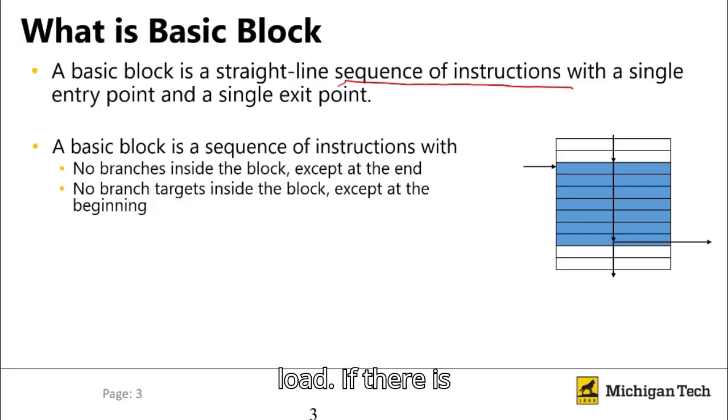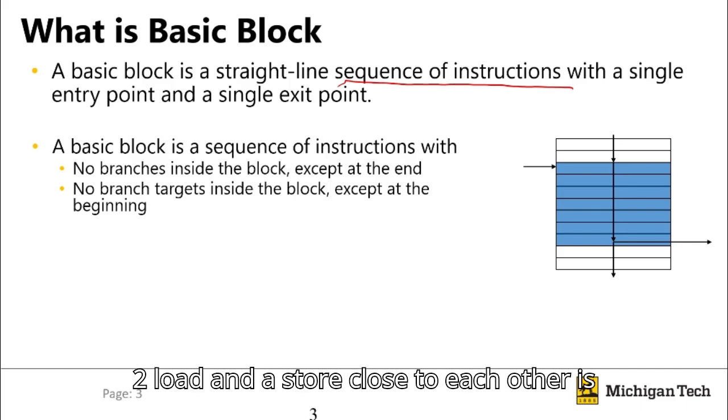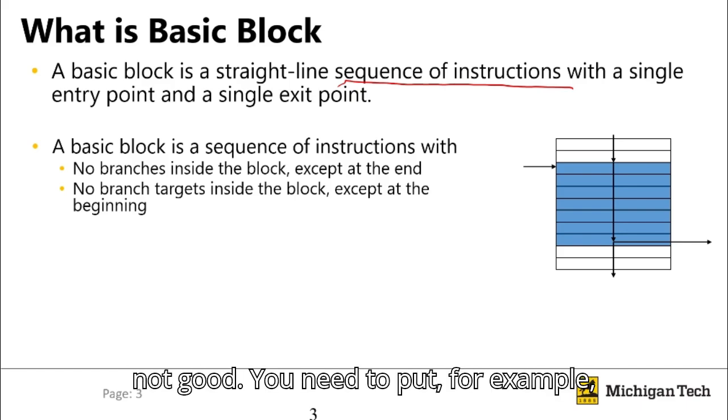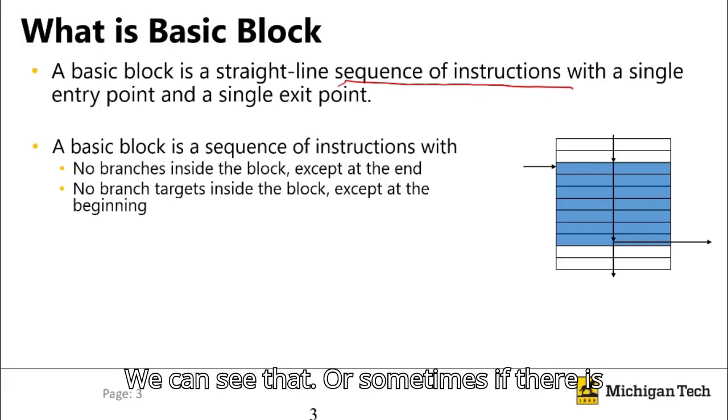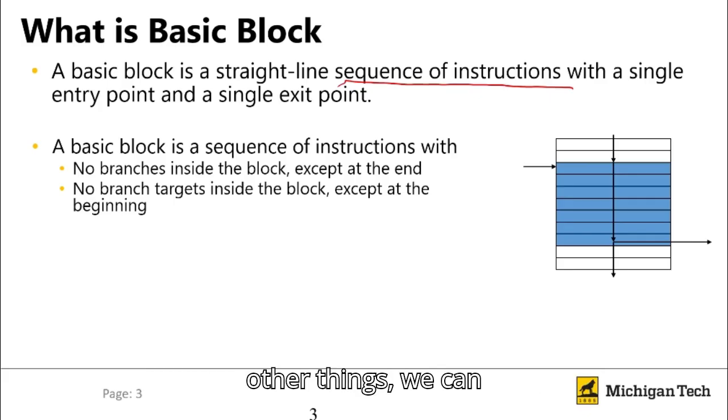Like, for example, load. If there is a load and store close to each other, it is not good. You need to put, for example, one register between. We can see that. Or sometimes if there are other things, we can actually unroll things, to make that part faster.